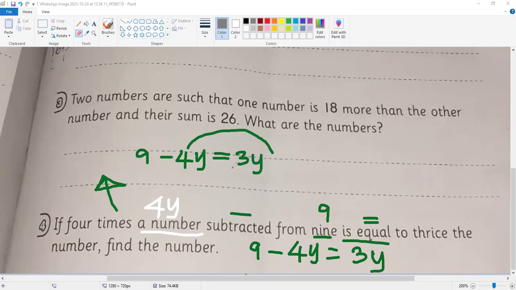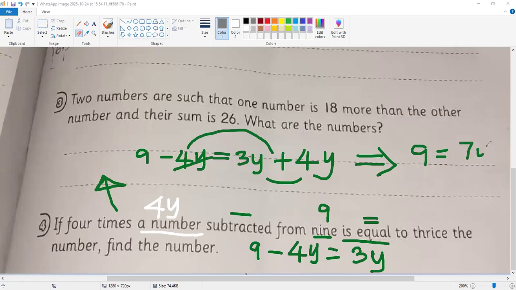So minus 4y comes here to become plus 4y. So I cancel this. So I'm going to have 9 equals 3y plus 4y. It's like saying 3 plus 4, which is 7y.